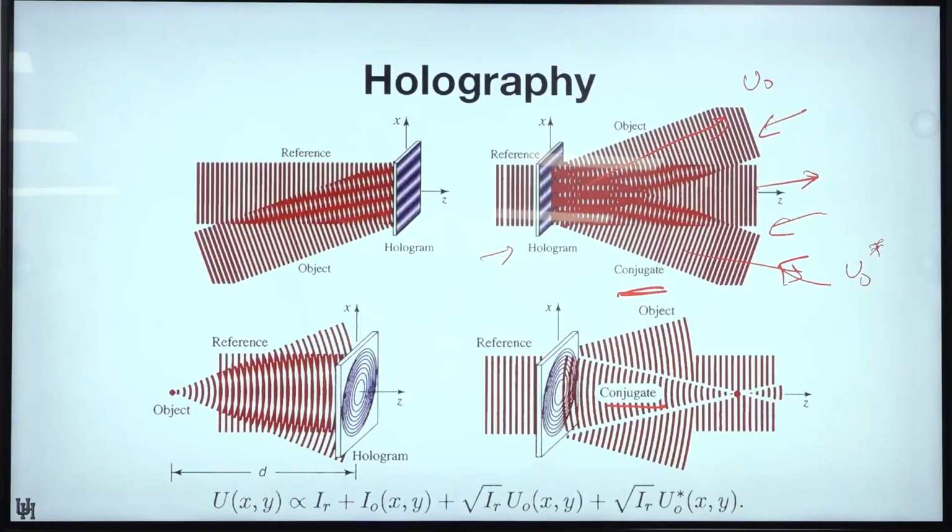So the real field goes upwards, and the conjugate field goes downwards. So yeah, you can see the kind of problem you will encounter.